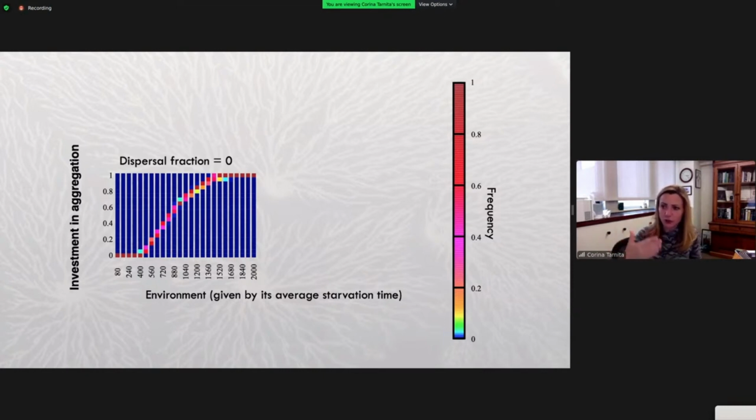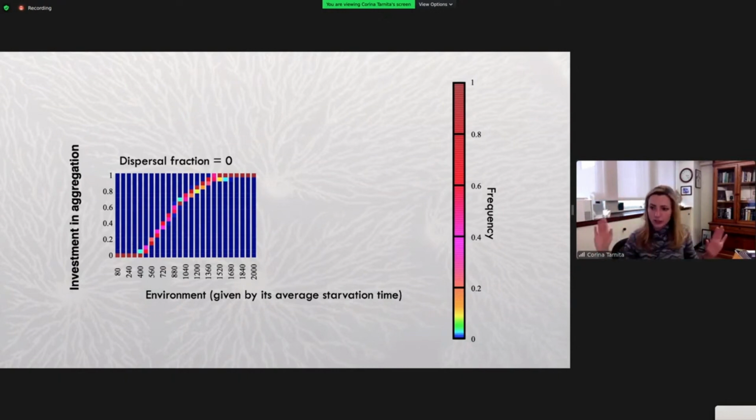So the next food pulse is drawn from an exponential distribution with the average starvation time given there on the x-axis. On the left-hand side are pretty safe environments where food comes back very quickly. On the right-hand side are very harsh environments where food basically takes forever to come back.